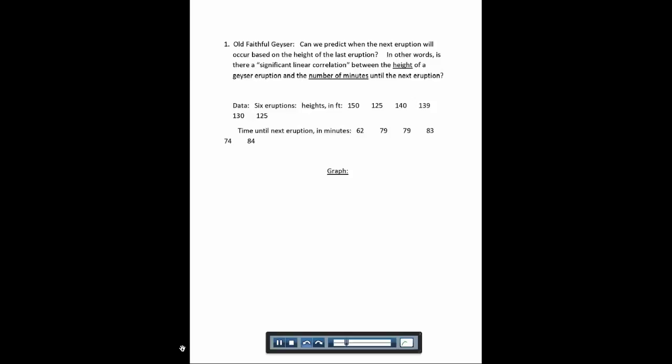We've got 6 eruption heights and the times until the next eruption. So we're going to make a scatter plot. Along the x-axis, we're going to have the height in feet. So we'll go 50, 100, 150, and 200.